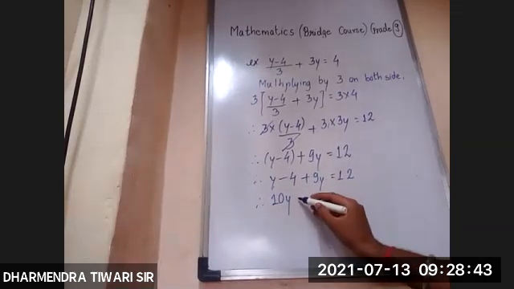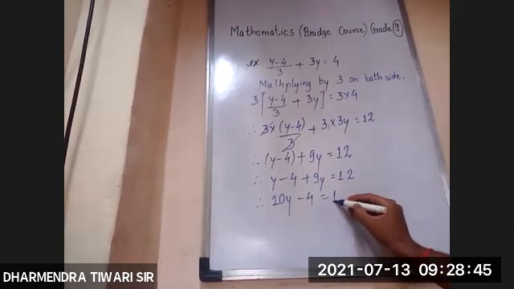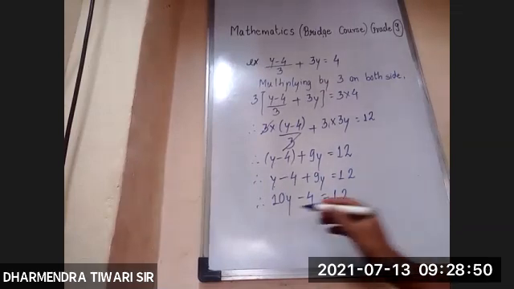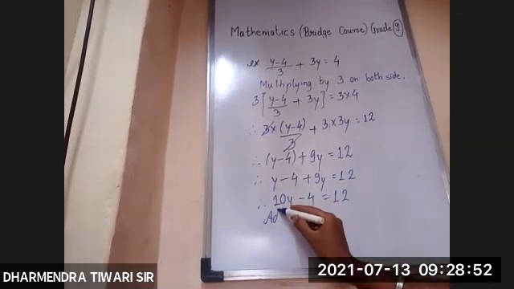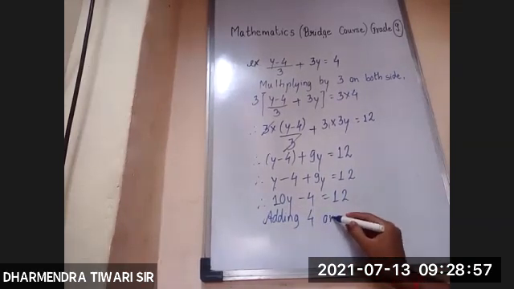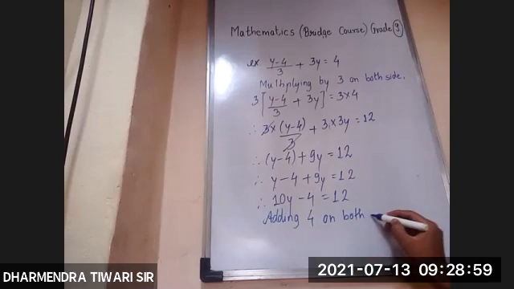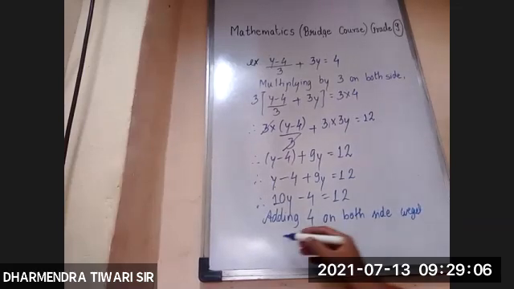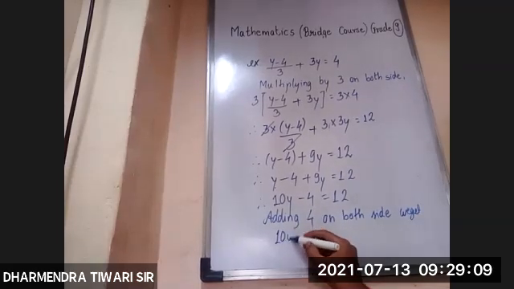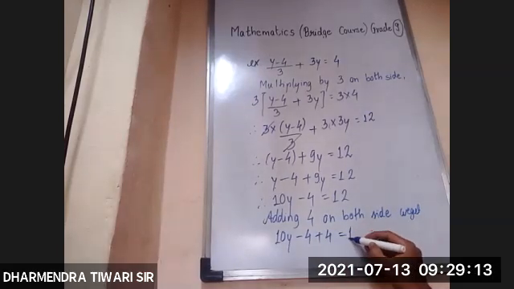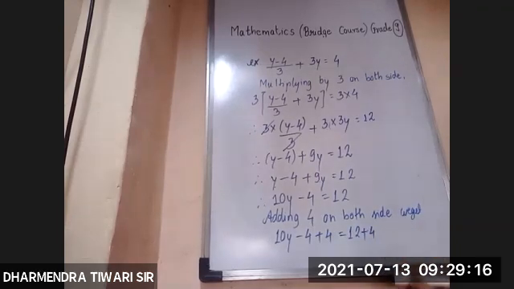10y. Now we have minus 4 on this side and 12 on the other side. What can we do? Adding 4 on both sides. We get 10y minus 4 plus 4 is equal to 12 plus 4.